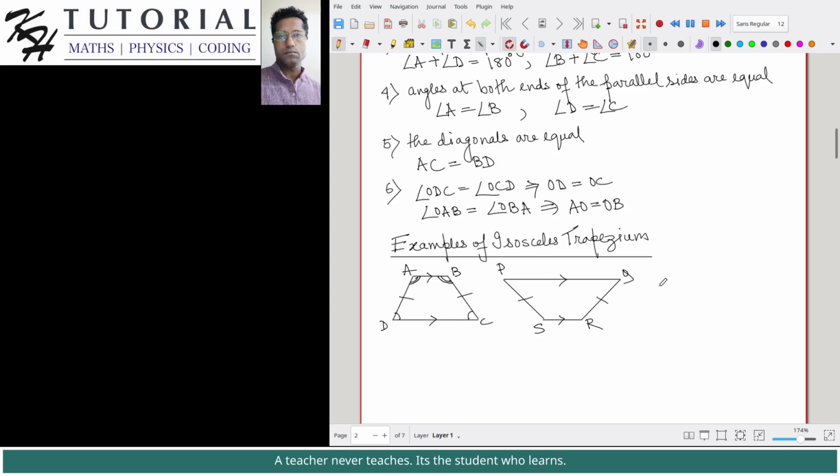I think these two figures will clarify what an isosceles trapezium looks like. So over here angle P will be equal to angle Q and angle S will be equal to angle R.